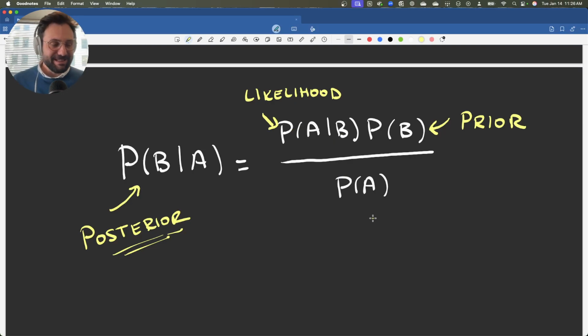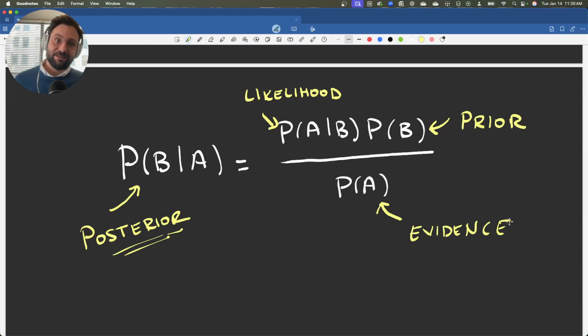And last but not least, this is the term that we use to normalize our Bayes formula. So remember, A is the thing that I have observed, and using A, I want to make an informed decision about B. And A, in pure math terms, is our evidence.